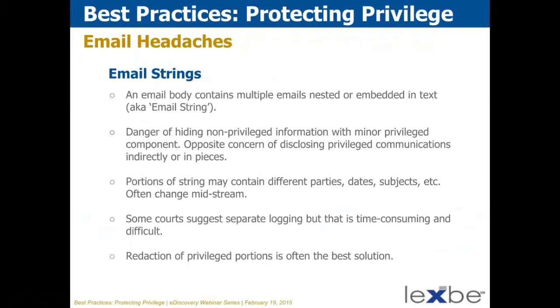So you get a very long string, a little of it's privileged, and you mark the whole thing, that's keeping information out that should have been released in the production. The opposite concern is that if you disclose too much of this, the privileged communication can come out indirectly or in pieces, and you just give too many signals to it.